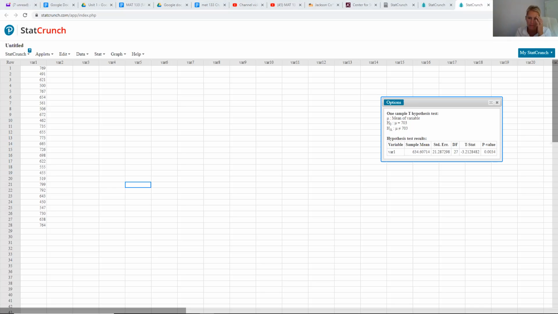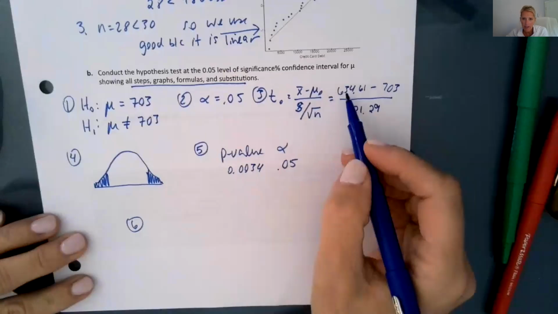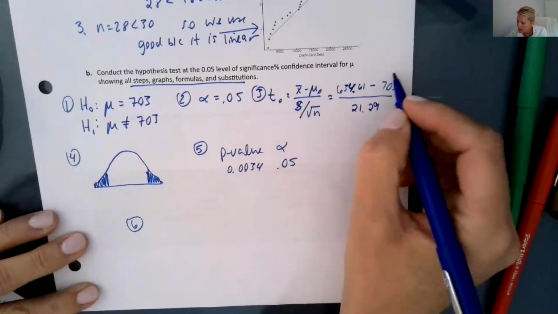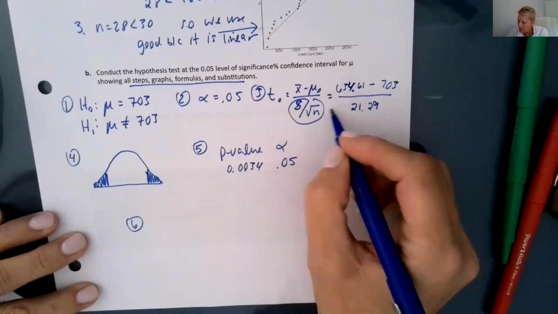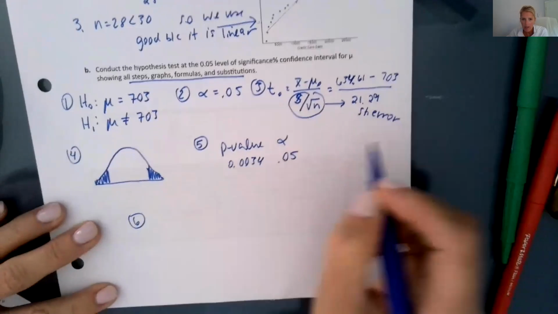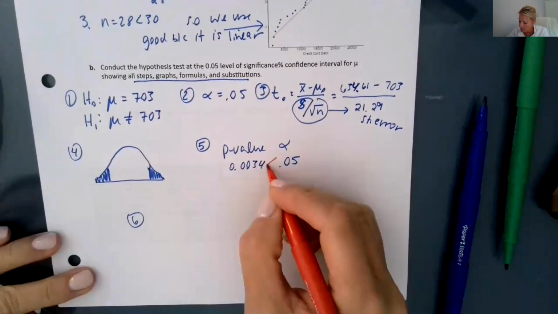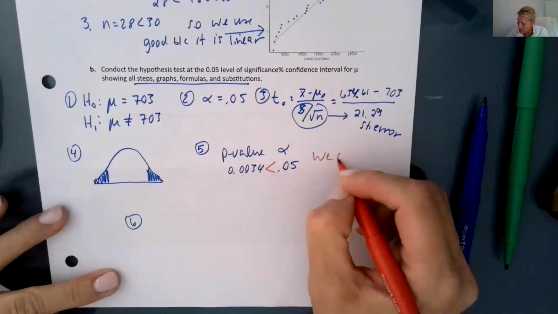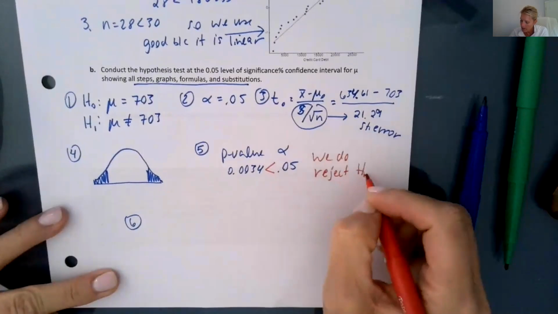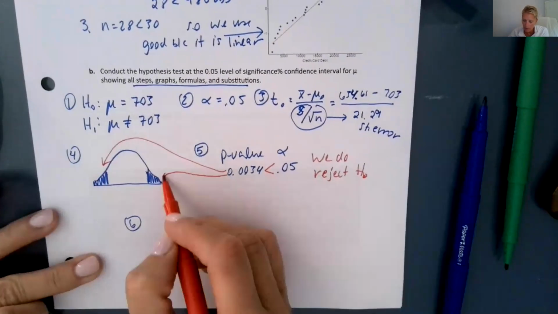And here we are. There's our sample mean that they gave us, 634.61, minus our population mean, and this is our standard error that they gave us. Our p-value is 0.0034, and it is less than 0.05, so we do reject H0. Remember, our p-value is split between these two tails when it's a not equal to.